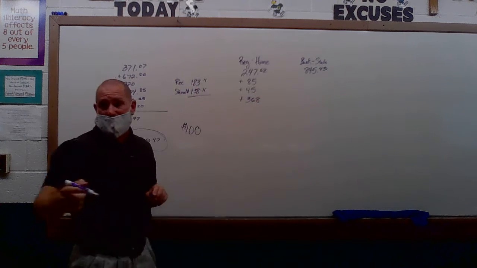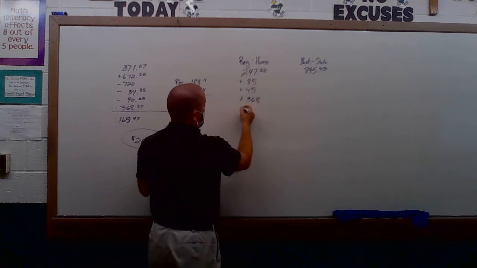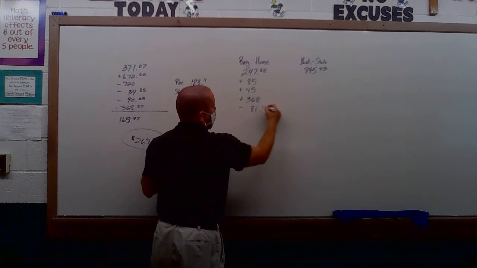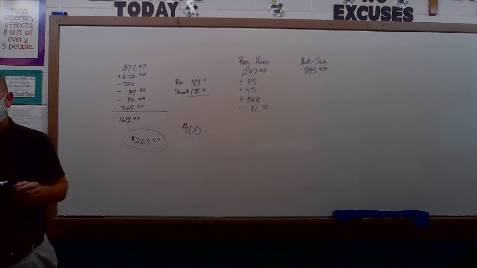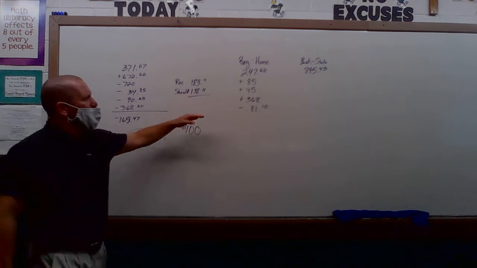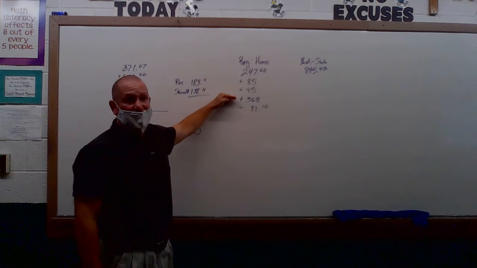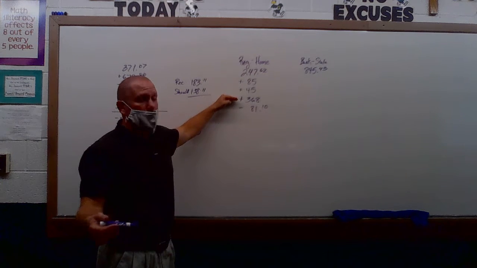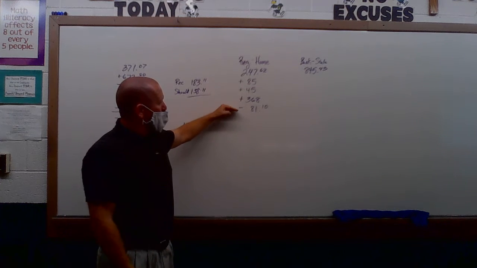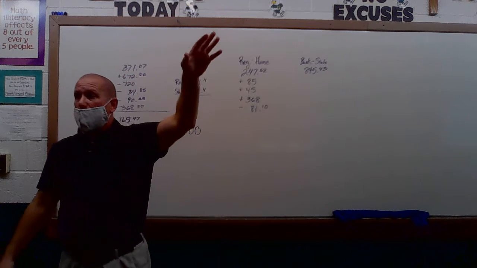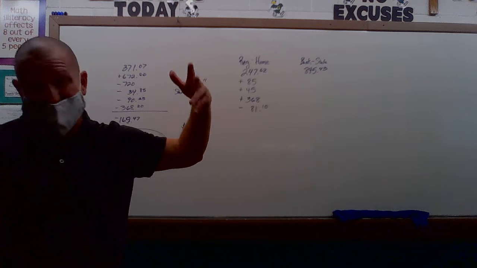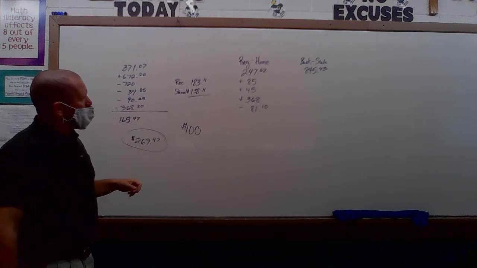But then I had a purchase of $81.10. This might have just been a direct deposit from a job, and I didn't know when it would come. The purchase would have been me going to Walmart, getting busy, and not writing it down. Okay? Anything else?